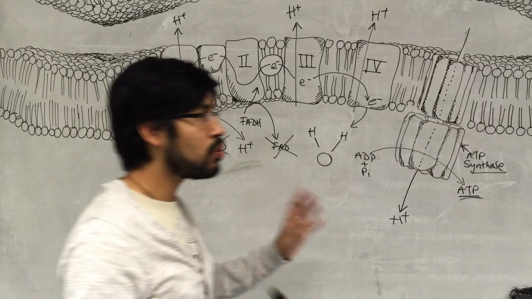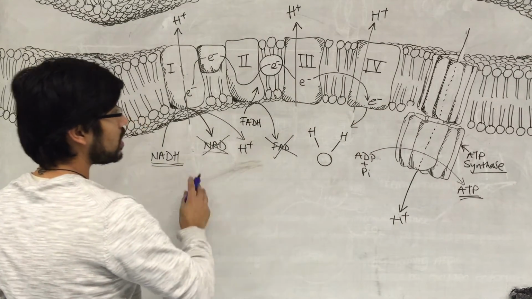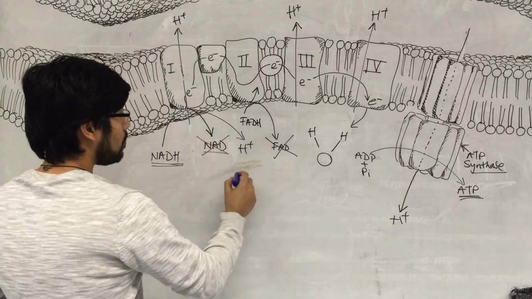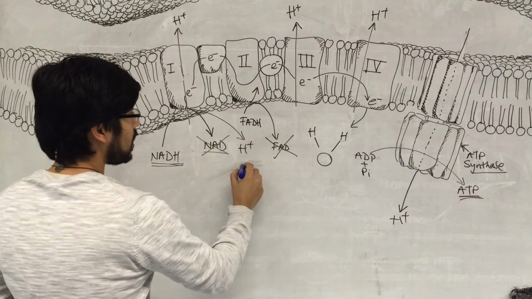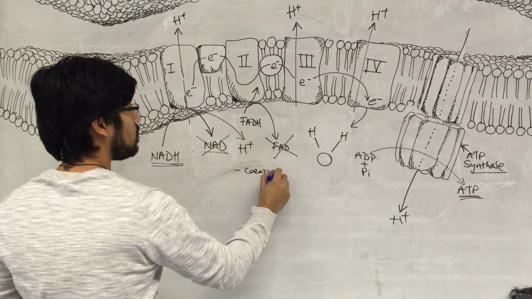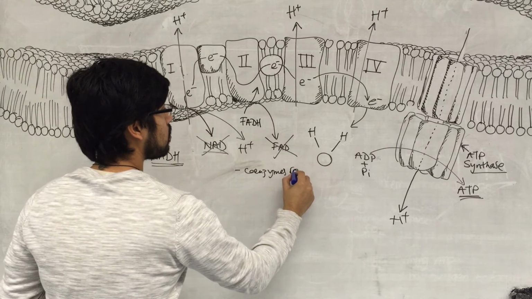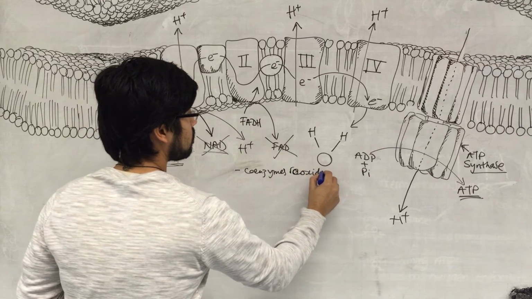I think we've said a few important things, and we didn't really write them down. So let me just make a quick note of them here, which is that this is the stage at which our coenzymes are reoxidized.